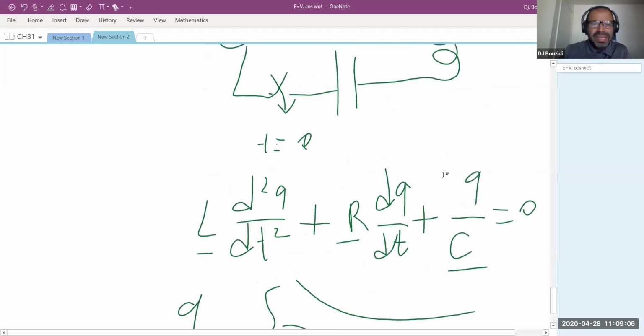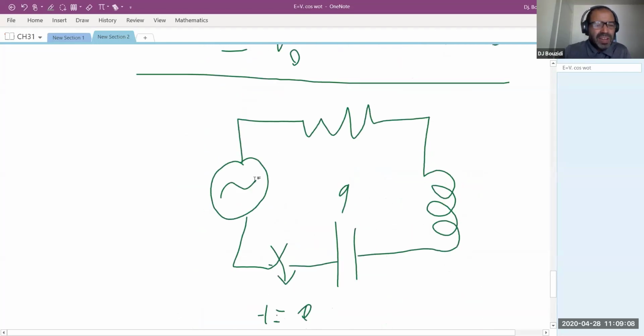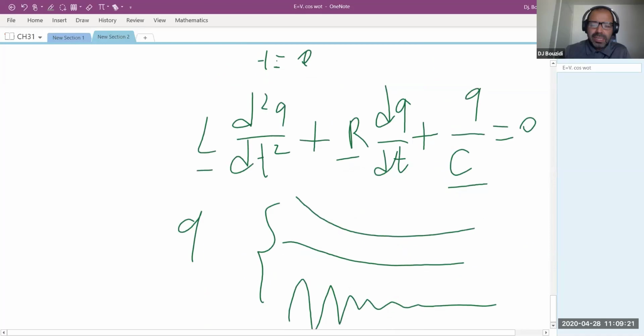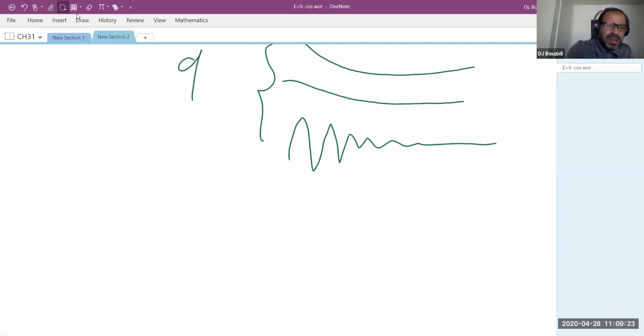So what remains at the end of the day, if you have a power source, is what we call a steady current or a steady state. The entire signal now is composed of the steady state that is supplied by the power. No matter how much the resistor is dissipating energy, there is always a power source.